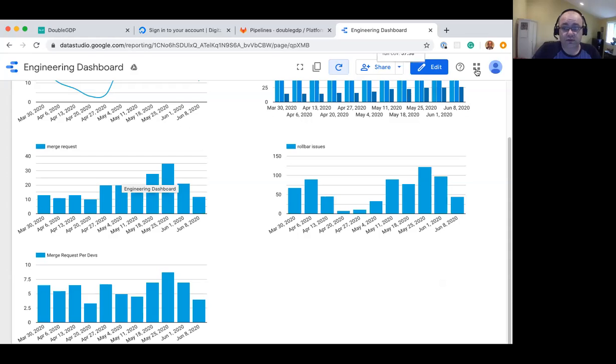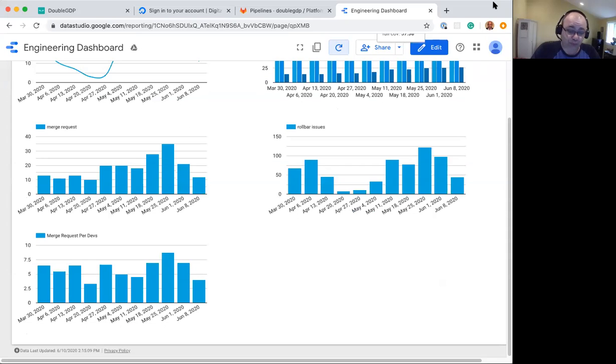In terms of merge requests per engineer, here we did have some merge requests in this week that went on to the current sprint. I believe that we are averaging about 10 merge requests per engineer every week, which is fairly decent. So it's almost like two per day.